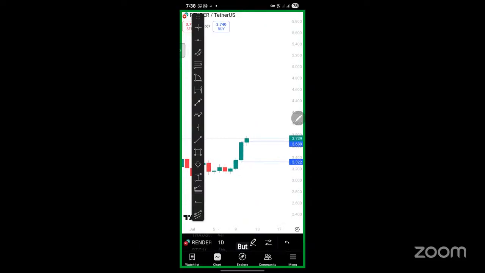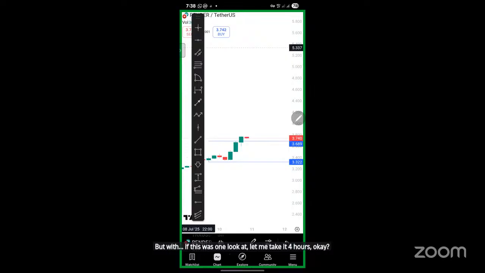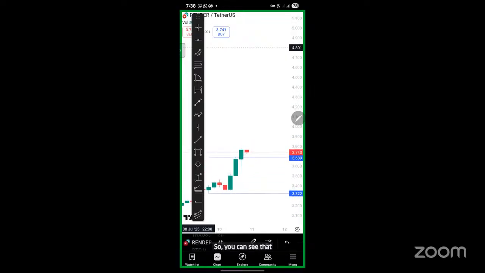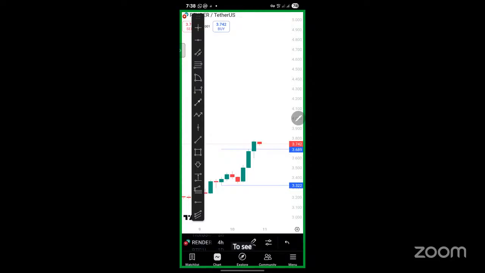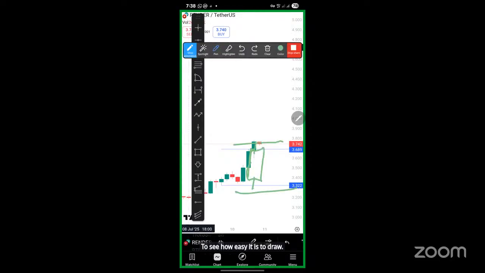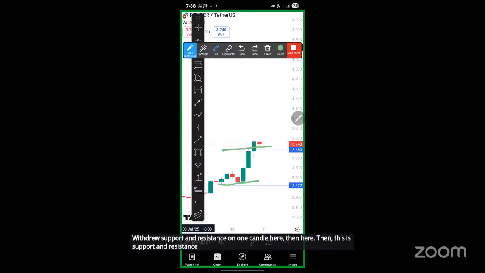But if this was 1 day, let me take it to 4 hours. So you can see the support and resistance on 4 hours. I wanted you to see how easy it is to draw. It means we drew support and resistance on one candle here, then here, then this is support and resistance on 1, 2, 3, 4, 5, 6 candles.